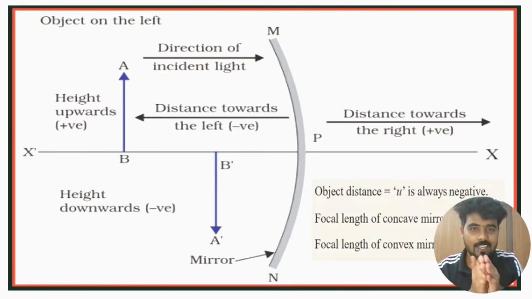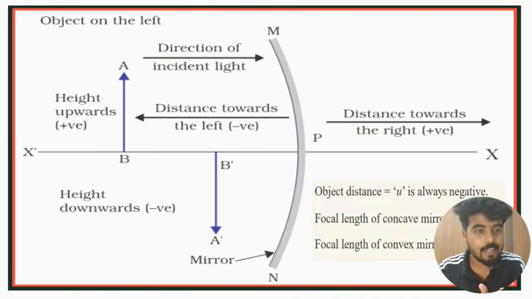Here the object distance is represented by the symbol U. It is always negative. It will always be kept at the left hand side of the mirror. V is always represented as the image distance.